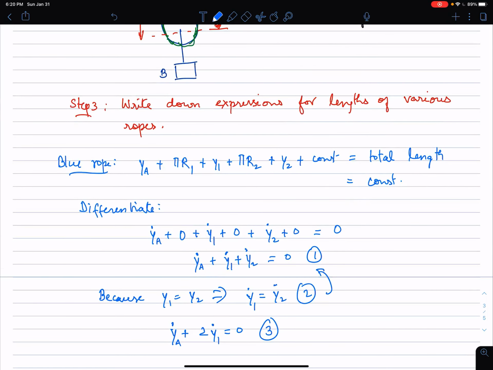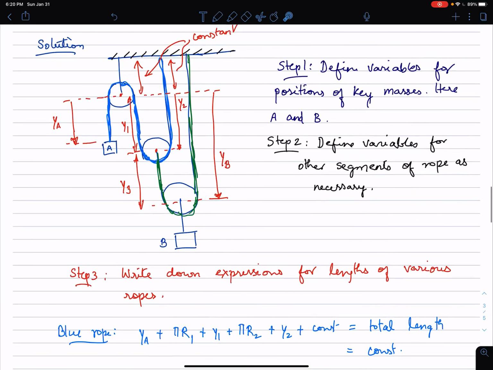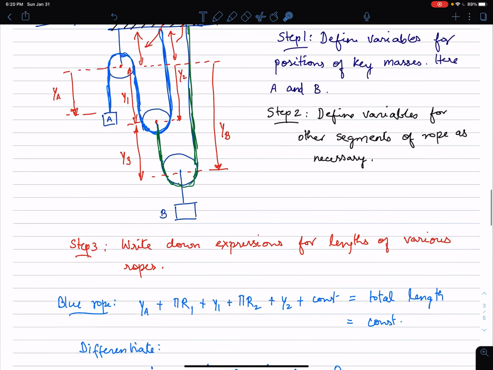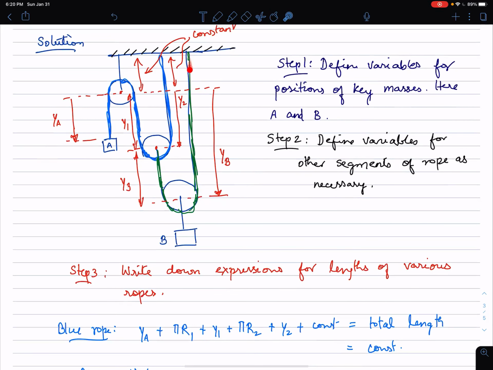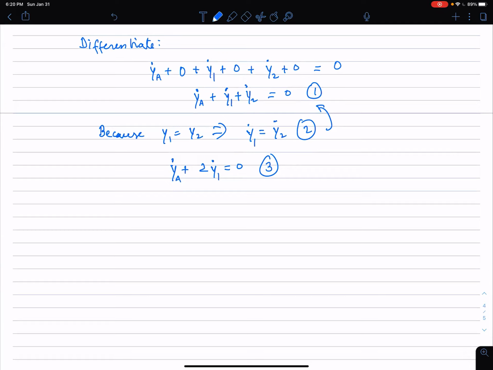Okay, so we've gotten one equation for the blue rope. Let's get an equation for the green rope. So the green rope length is going to be Y3 plus pi for this pulley, R3 perhaps, and then YB, and some constant. It's actually the same constant, it turns out. So recall why we said those constants drop away. For instance, the constant became 0 because we differentiated it.